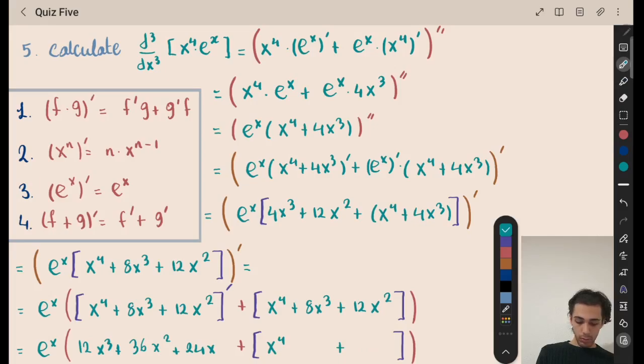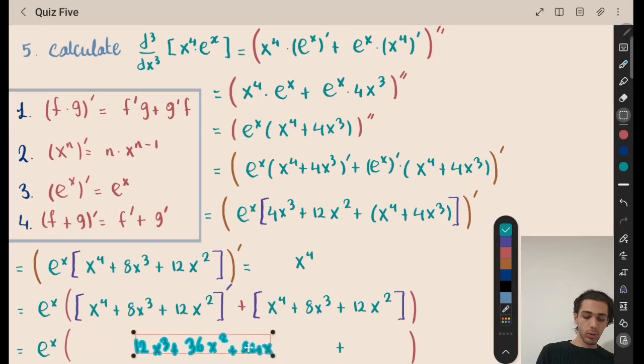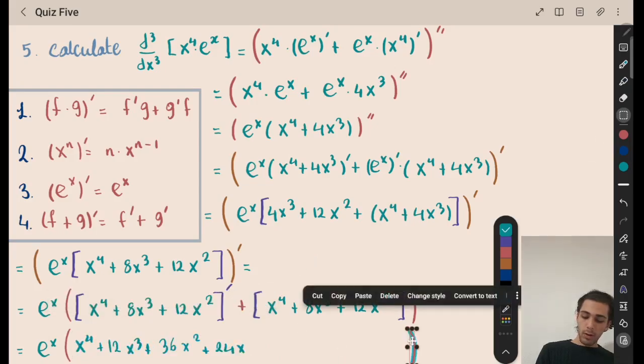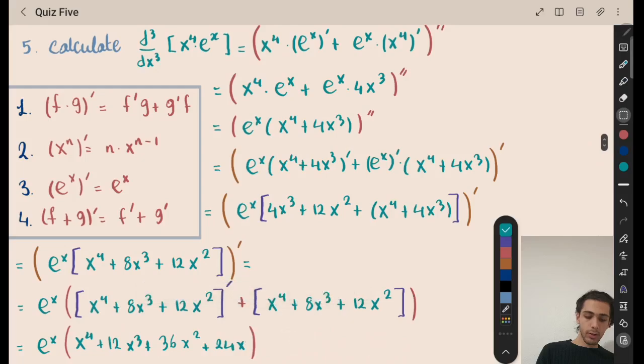And it looks like this is the answer. I just need to write it in a nicer format. It's almost in a nice format, and I say almost because I like the powers to be in increasing order, which is luckily what we have here.